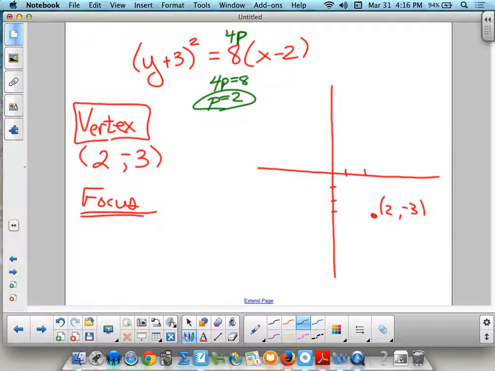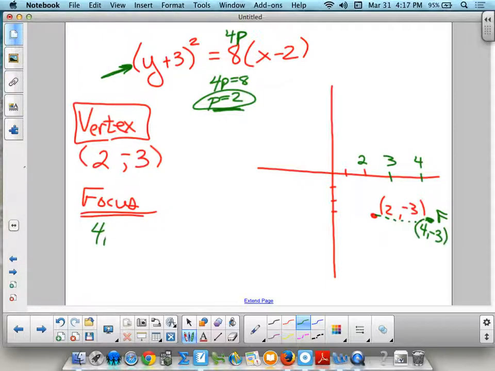Where are you going? You've got to know if you're going right, left, up, or down. This right here gives it away. You're going right or left. P is positive, so you're going right. I'm going to go right 2. I'm already at 2, so 3, 4. I'm going to go this far. Call that my focus. So there's my focus at (4, negative 3).